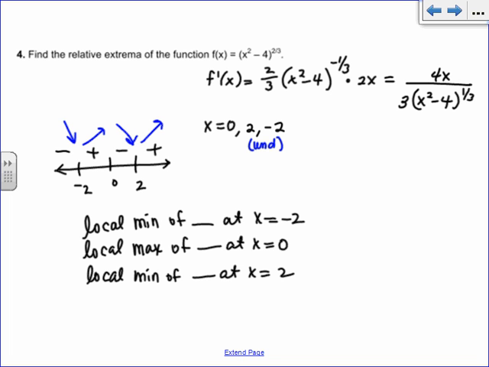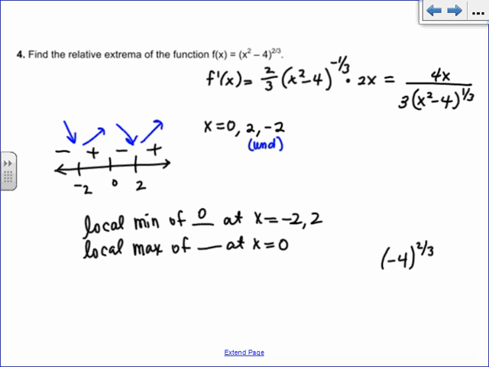The 2 and negative 2 are actually pretty easy. What do you get when you plug those in? 0, so both of these are 0. You could put those together and say negative 2, comma 2, and simplify some writing a little bit. Up to you. And then the local max, what happens when you plug in 0? Ugh, it's not nice. It's negative 4 to the 2/3. I could have made that nicer by doing negative 8 or something in this problem.